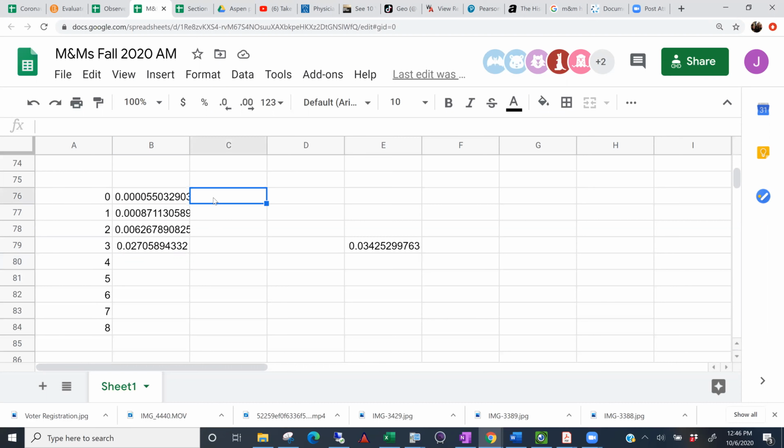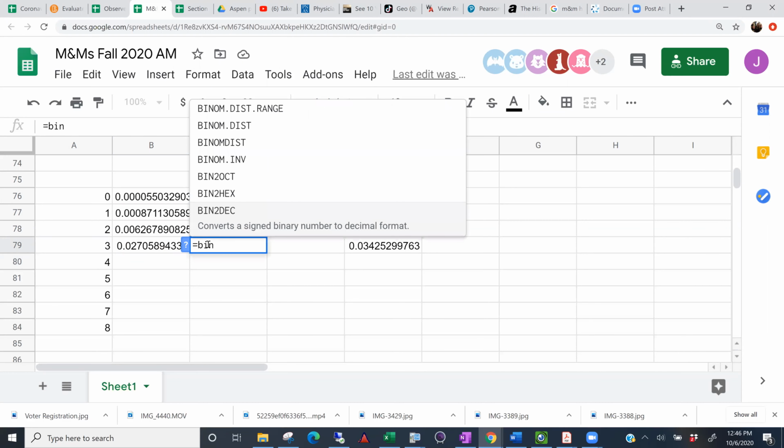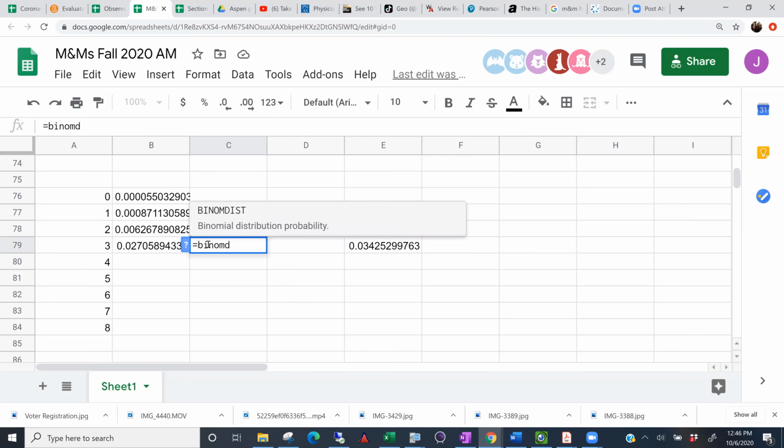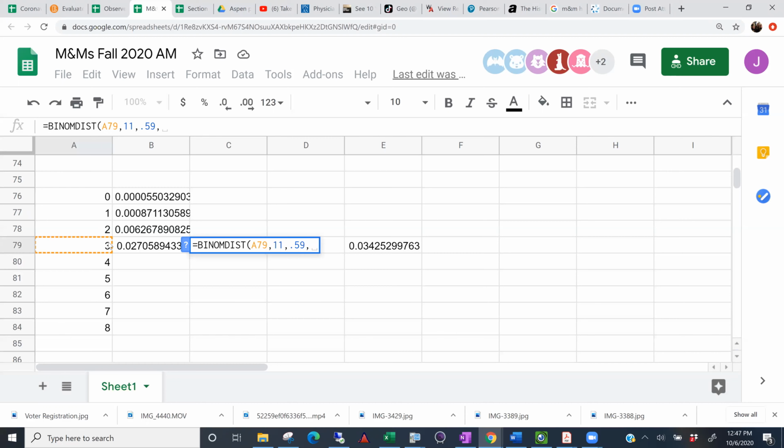The other possibility here is I can just come right to here, equals binomial distribution of this, and I could just type in the 3 if I wanted to, because I don't really need to copy this command anywhere. 11, comma, 0.59. Except what am I going to do different?